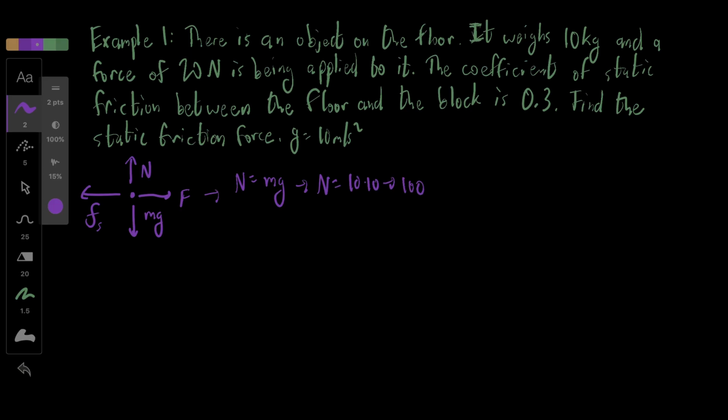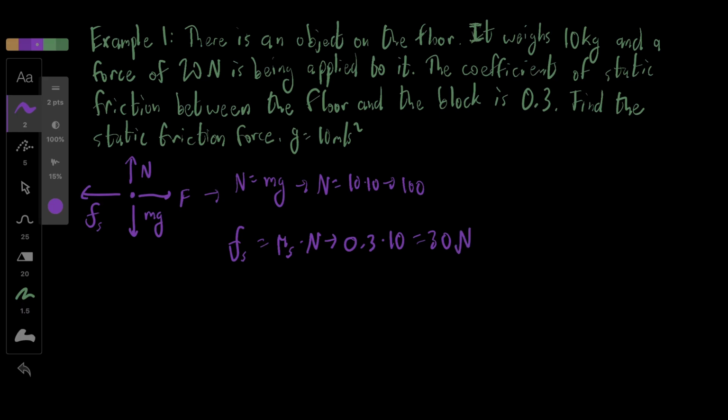Now, if you remember, the static friction is equal to the coefficient of static friction times the normal force. So this is 0.3 times 100, which is equal to 30 newtons.